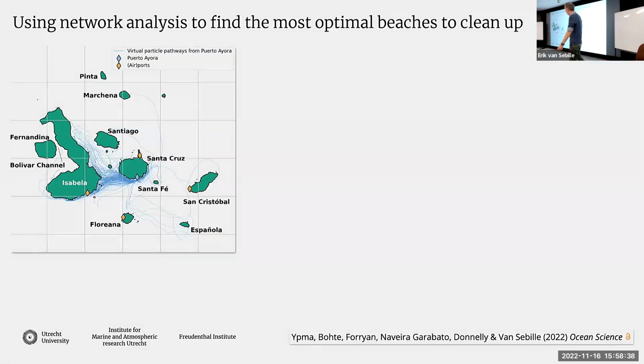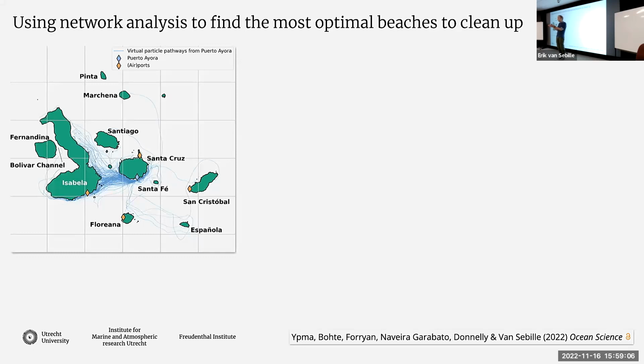This is a big project that I've been involved in for a few years now, where we want to make the Galapagos the first plastic-free ecosystem in the world again. In other words, if you can't do it in the Galapagos, then we have no hope of doing it anywhere else. Because the Galapagos is iconic, it has low population density, and it's legally very well controlled.